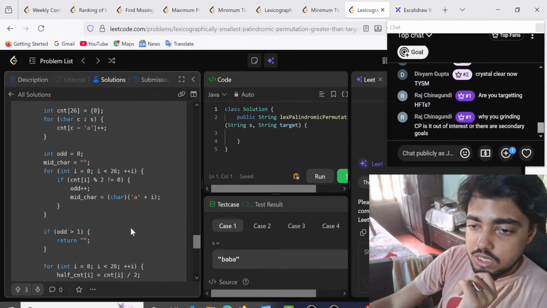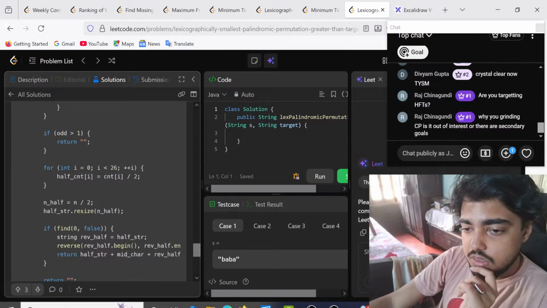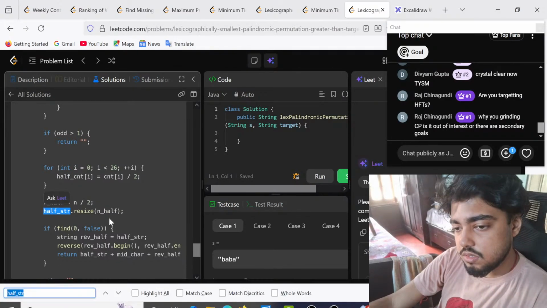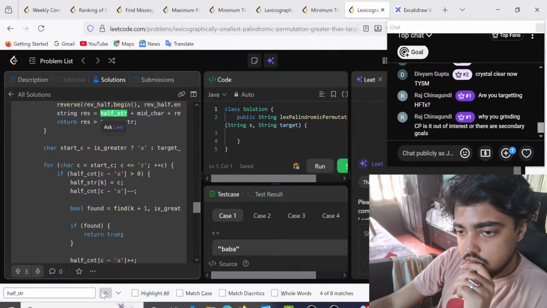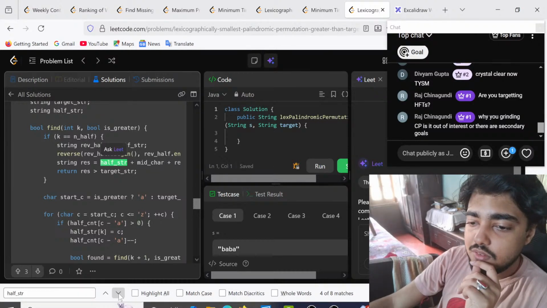So he has got what was the half str value. He was putting something over there. Got it.